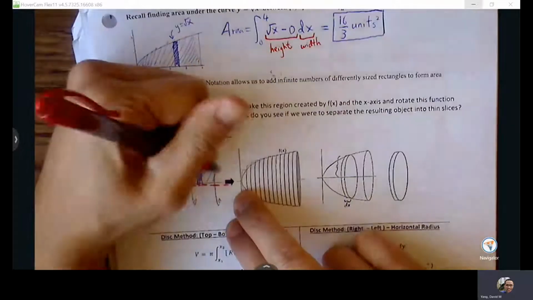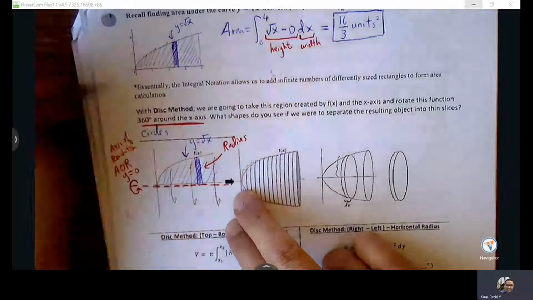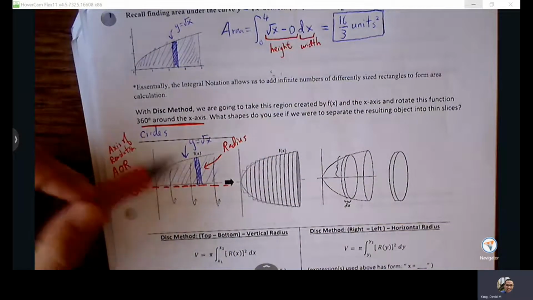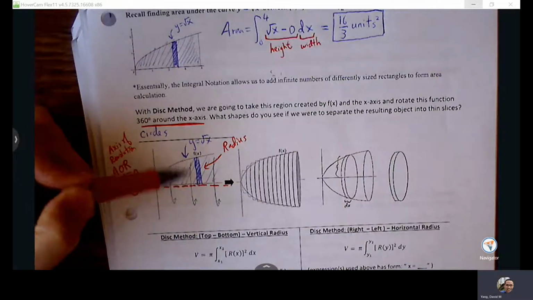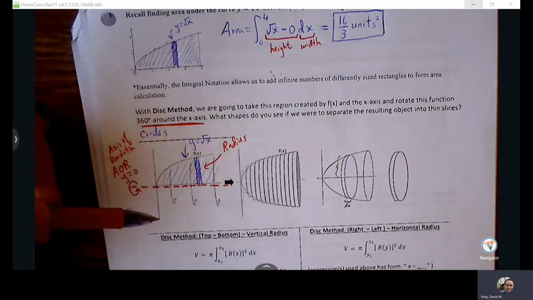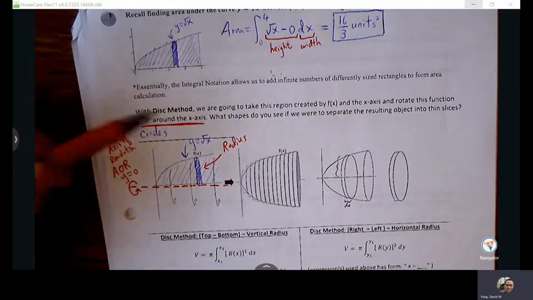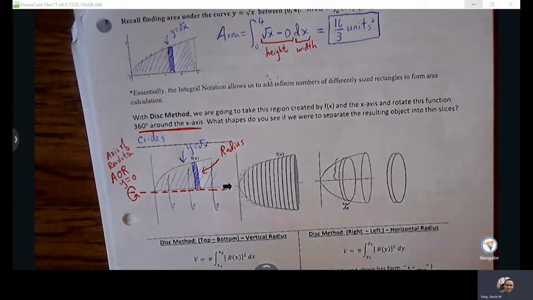Yeah, it's going to be called the radius. So now we have a representative radius in place. We're adding infinitely thin circles, so we have a radius that's going to be plugged into the area formula of a circle. But the idea is the same, which is we're adding that 3rd dimension. We're creating a different shape, but it's still the same idea.